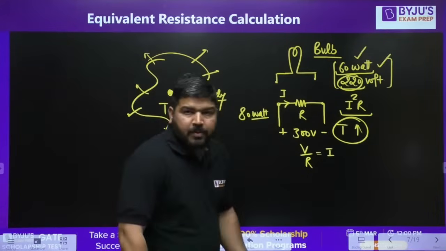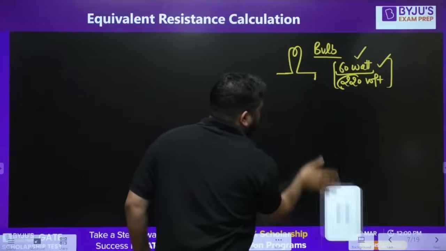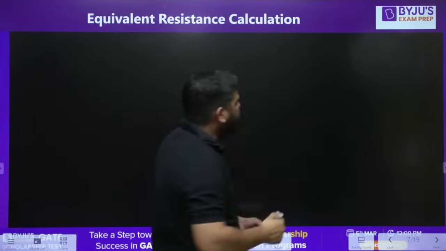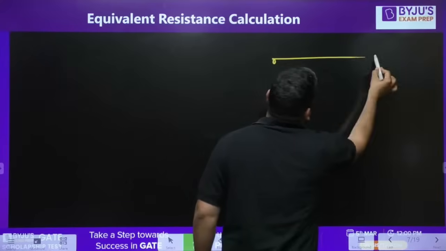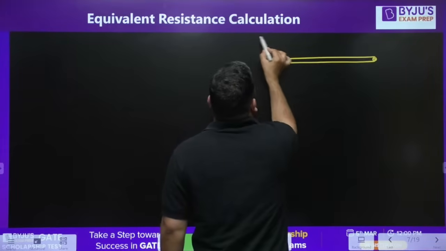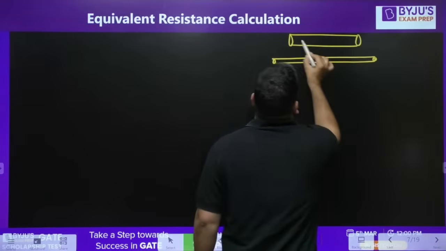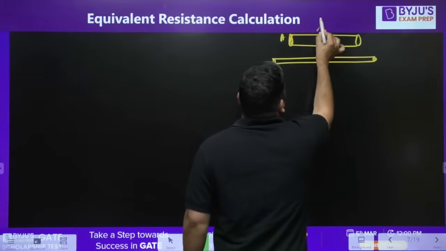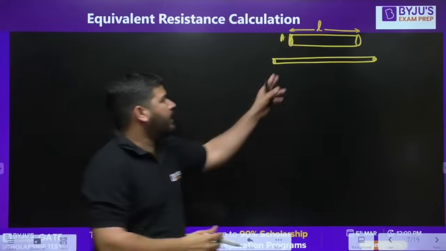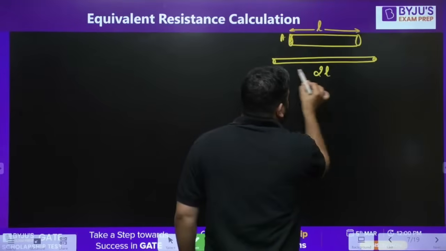Let's proceed, guys. So this is about the rating of any resistance. Now let's come back. I told you in the previous class that we have two wires. I have taken one copper wire whose cross section area was A and the length was L, if you remember. Then I elongated it such that the length became 2L.